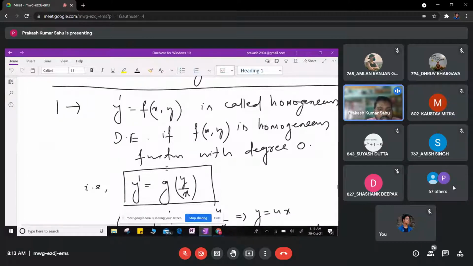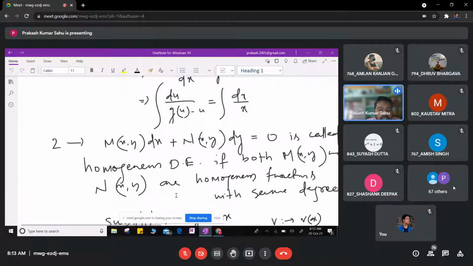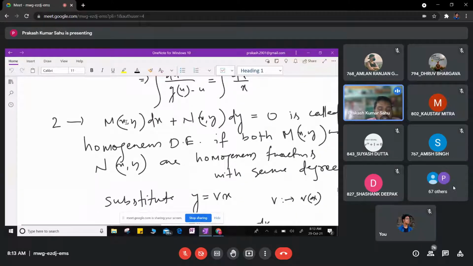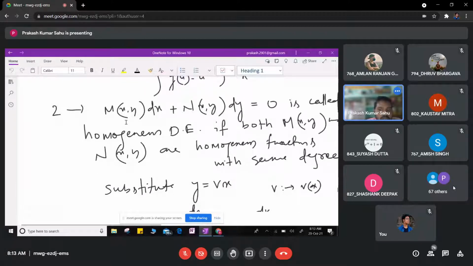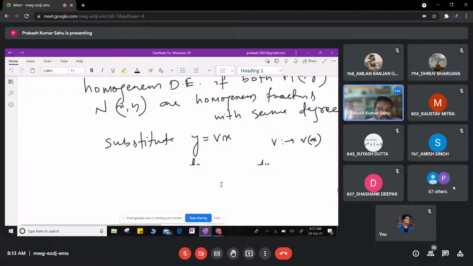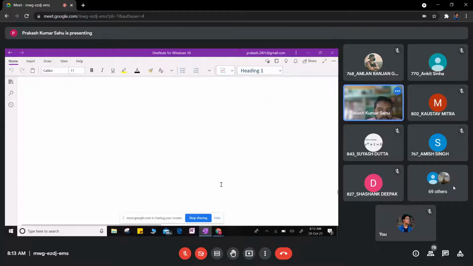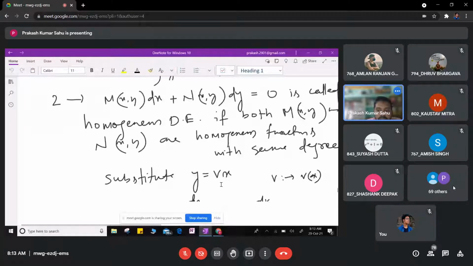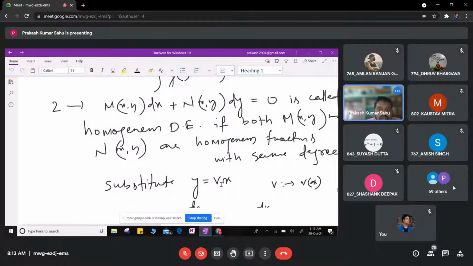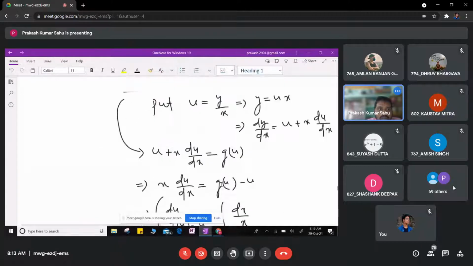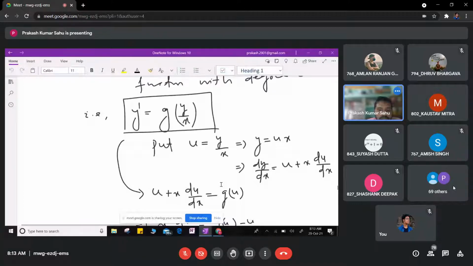And case 2 says that if the differential equation has the form M(x,y) dx plus N(x,y) dy, where both M and N are homogeneous with the same degree, then we substitute y equal to vx, and we reduce to separable ODE. Got it? Yes, sir.